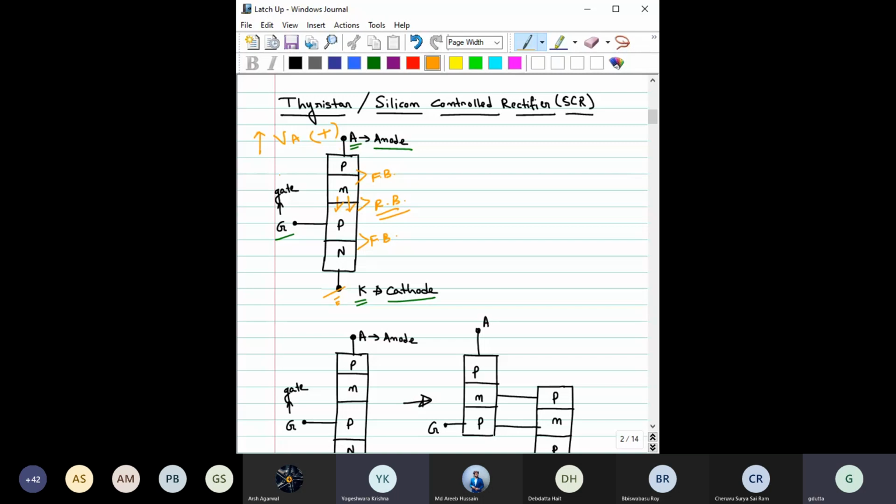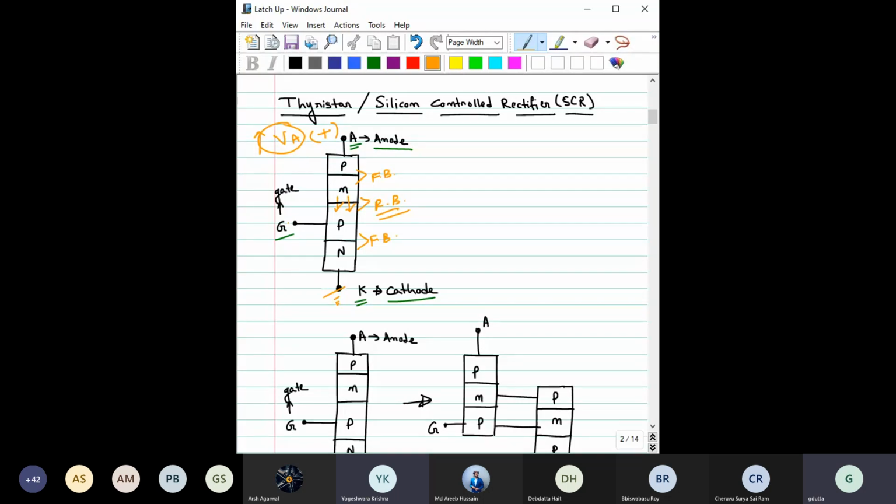And once the conduction has started, probably the requirement of voltage VA is no longer very high. Are you getting my point? Please try to understand this point. Once the conduction has started, you can reduce this VA to a lower magnitude, because avalanche multiplication has already started.